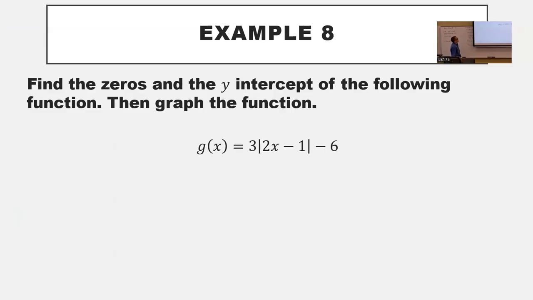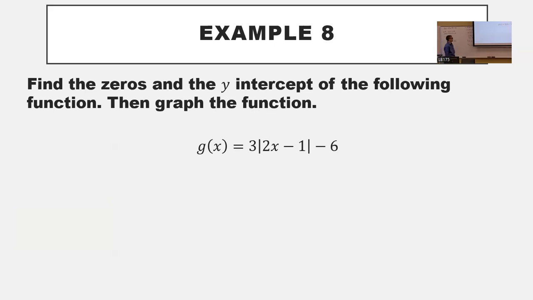Let's do another. Let's find the zeros and the y-intercept of the following function. This is called g of x. You don't have to graph it. I'll graph it on Desmos at the end, just to confirm that we got the right thing. Or maybe I'll graph it on the TI-84 to confirm that we got the right thing. Go ahead and try this one as well. Find zeros and the y-intercept.